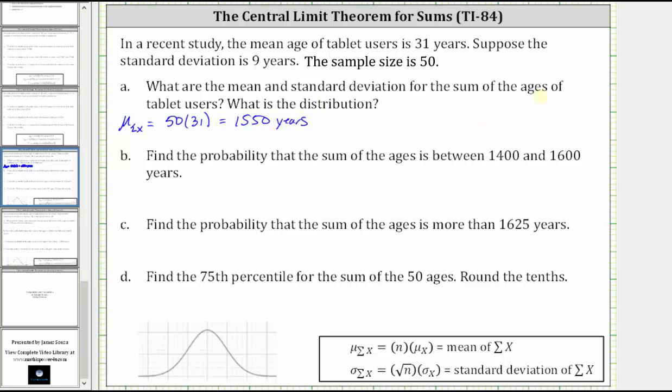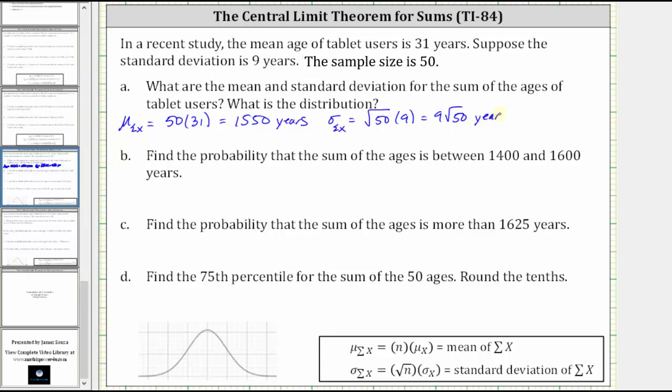And then the standard deviation for the sum of the ages, which we will indicate using sigma sub the sum of x, is equal to the square root of the sample size times the standard deviation of the original distribution, which gives us the square root of 50 times 9, which is equal to 9 square root 50 years.